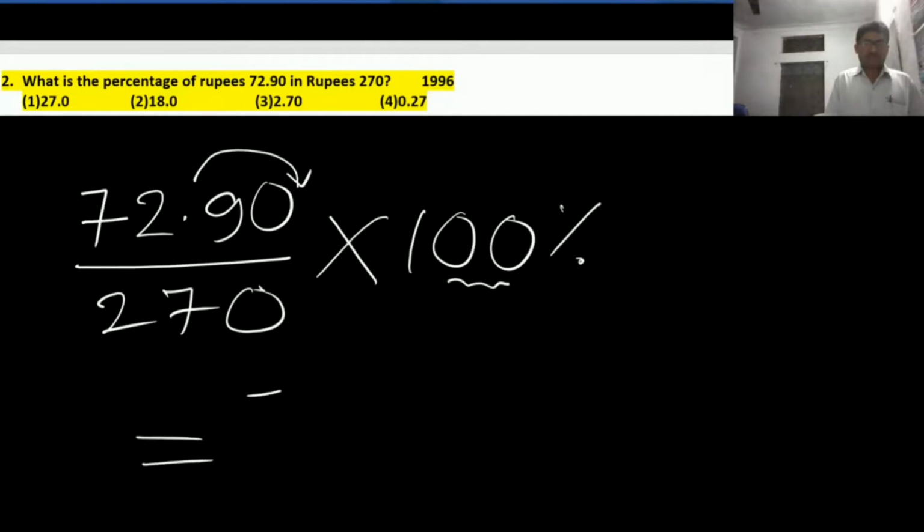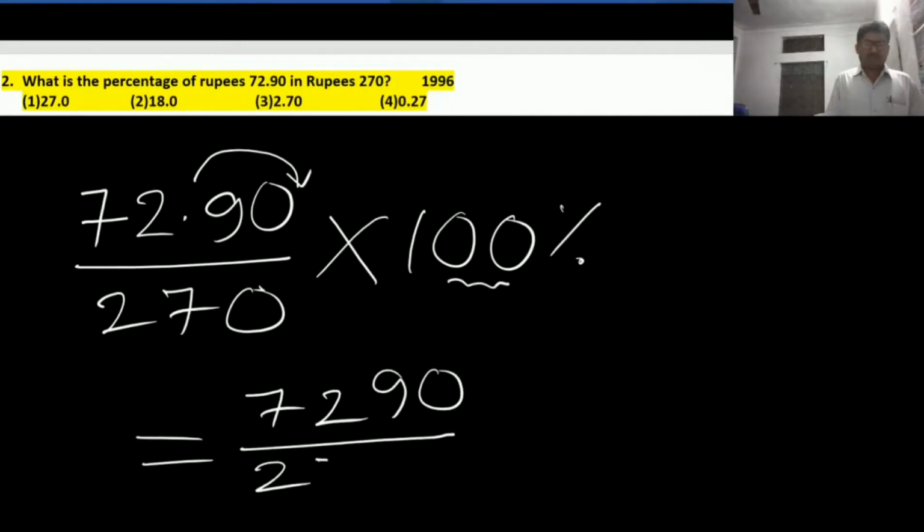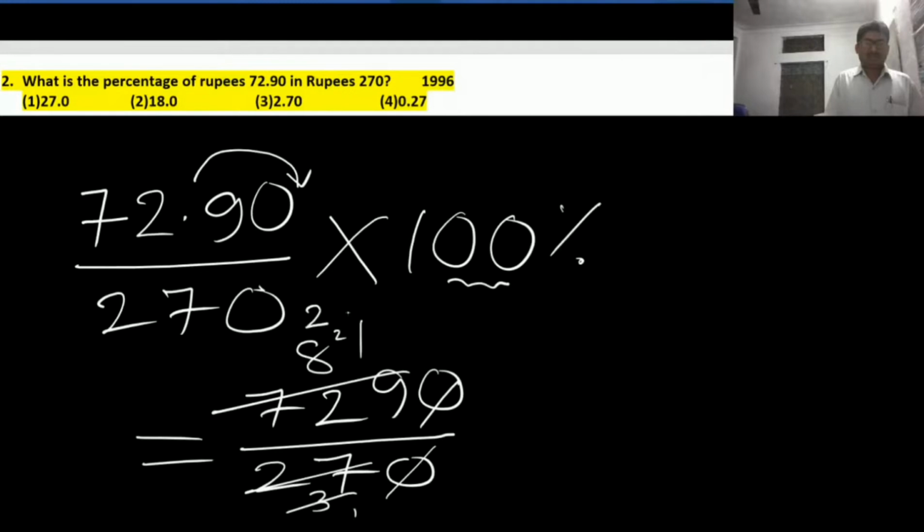So that is 7290 by 270. The zeros get cancelled. 9 8s are 72, 9 1s are 9, 3 9s are 27. 3 1s are 3, 3 2s are 6. 2 remainder. 3 7s are 21.